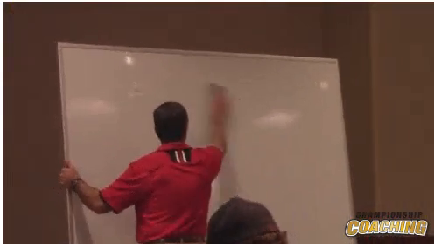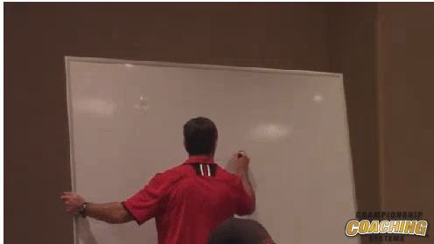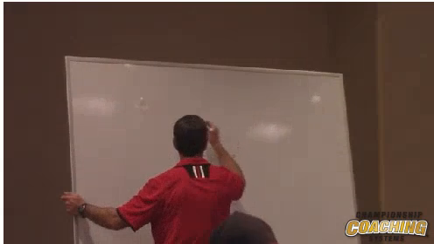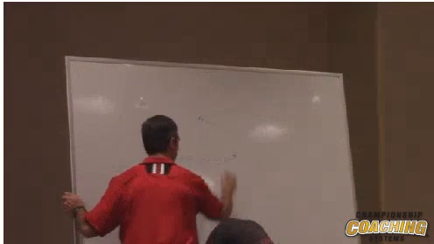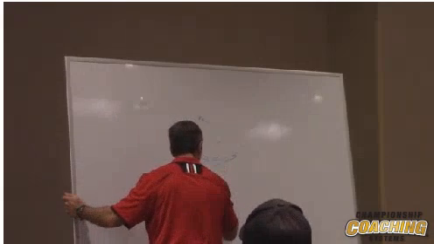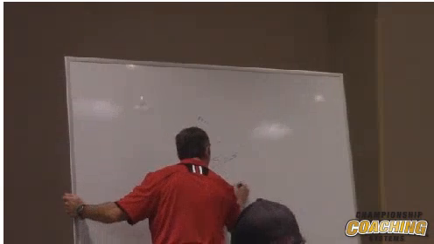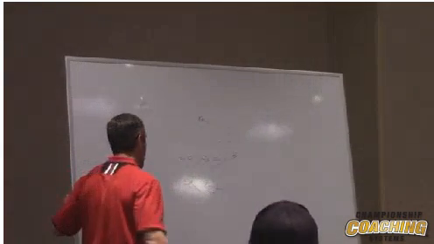What people started to do to the zone read is they crash this end in, and they would assign the safety to the quarterback along with the backer. So what they're doing is they're trying to make the quarterback pull the football, and then they got somebody for the quarterback you can't get a hat on.